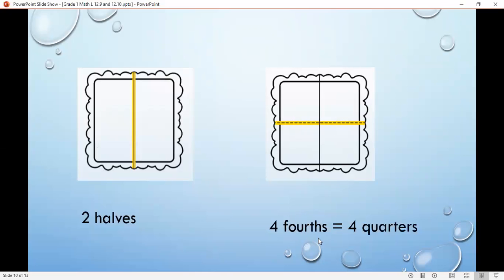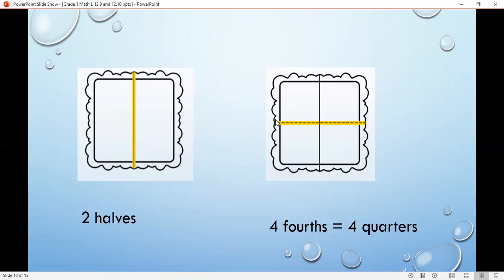So each friend gets a fourth. And we have another name for this little part that is also called quarters. So if we have 4/4, we can say we have the same 4/4.